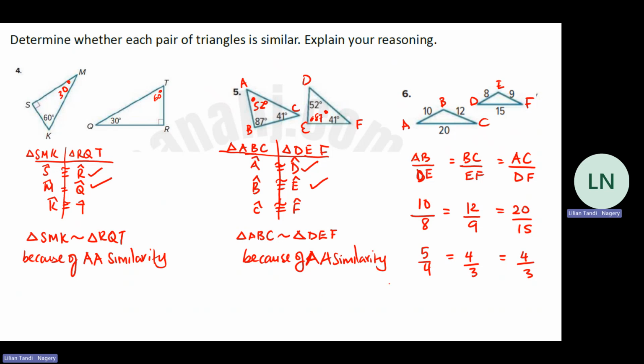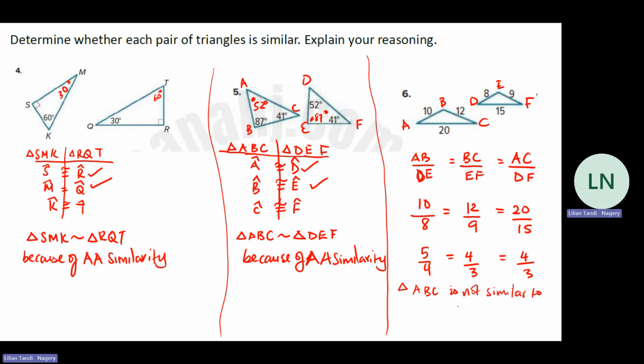So you say here, triangle ABC is not similar to triangle DEF because the corresponding sides are not proportional. Okay?